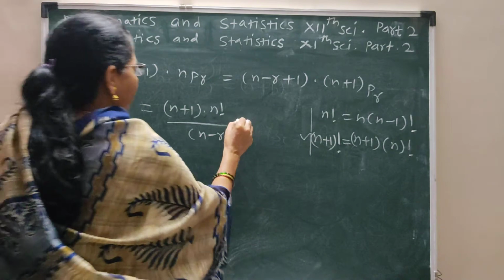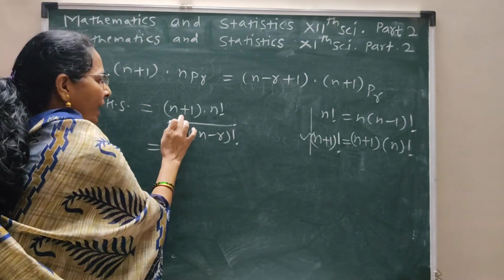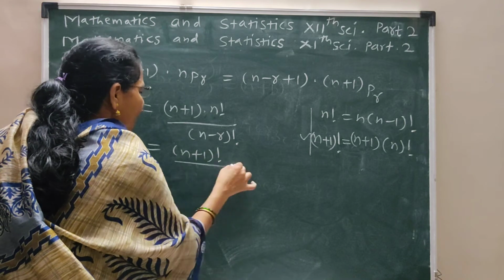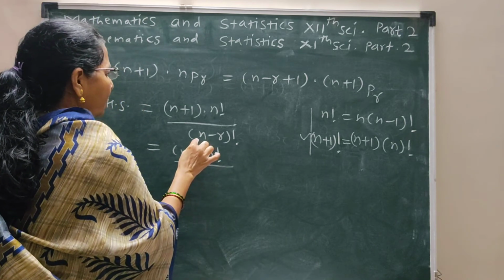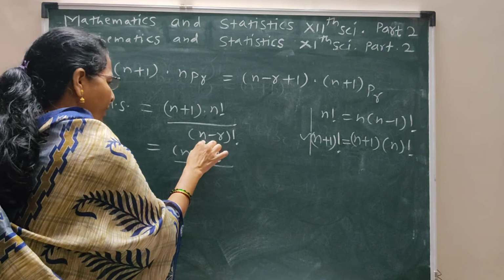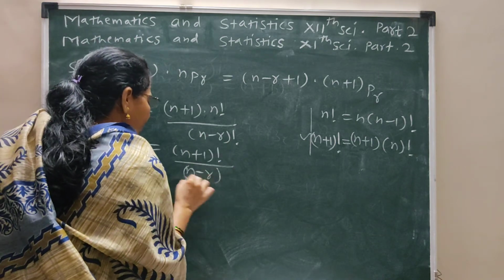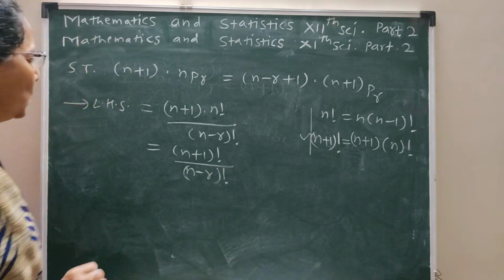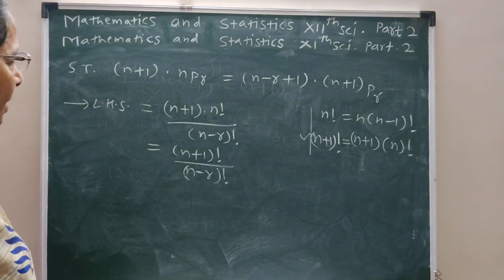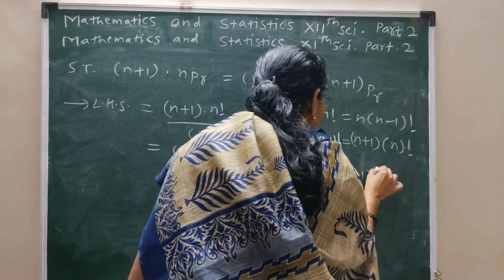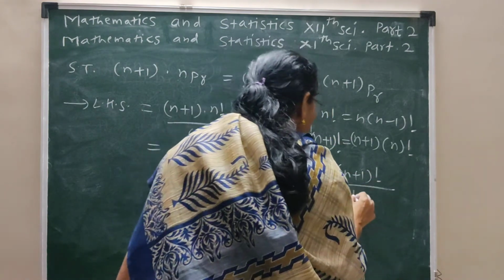So this is equal to n plus 1 bracket factorial, and at the denominator there is n minus r factorial. Now this is the value of LHS: n plus 1 factorial over n minus r factorial.